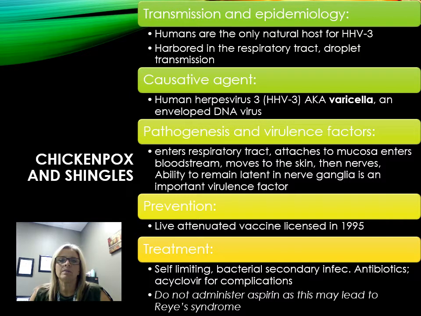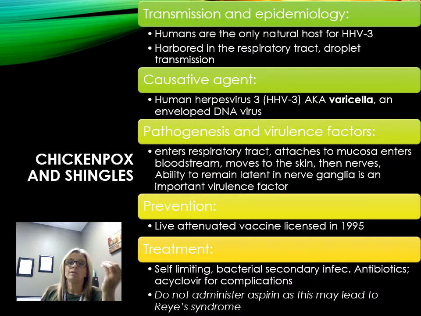There is Zostavax, an approved attenuated vaccine from 2006, which can be used to prevent shingles. The uncomplicated course of varicella is self-limiting and doesn't really require a therapy other than alleviation of discomfort, which is often calamine lotion, things to stop the itching generally. Secondary bacterial infections can occur.